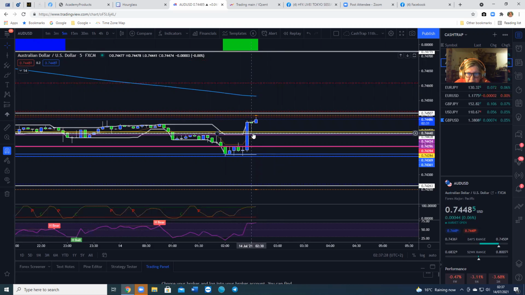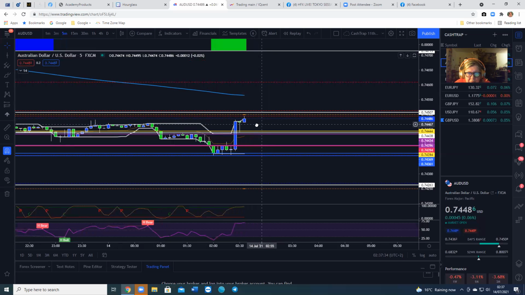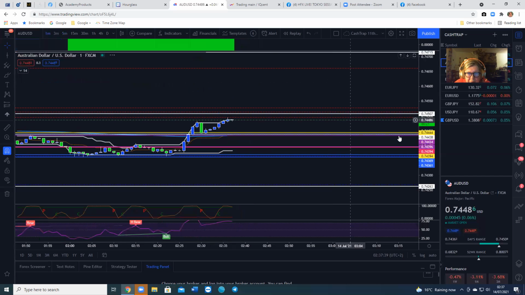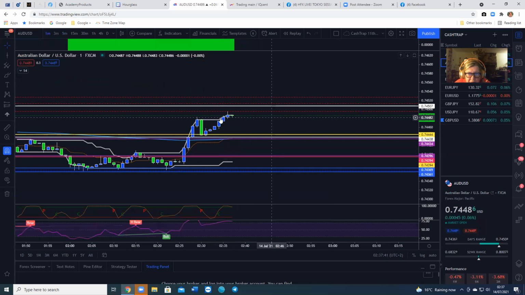Just use that level of support down there at 446, the hourly and daily. So it's got 3 levels to get through here.